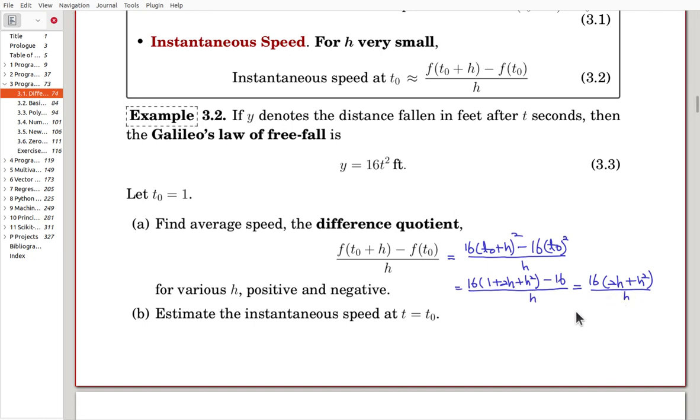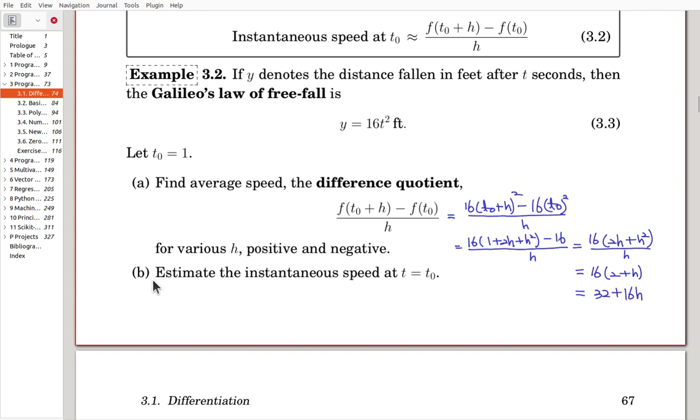So h can be canceled, and there is 16 times 2 plus h. And we can rewrite this as 32 plus 16h, right? For various h, we can have the average speed in this way.